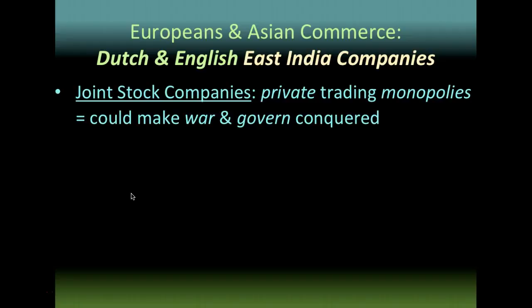They are the only ones who can trade and grow and sell a particular product. And what's really interesting about this is that they can make war and have the support of the English military and the Dutch military, and they can govern the conquered people. Even though they are private trading companies, they are not representatives of the Dutch or English royalty.